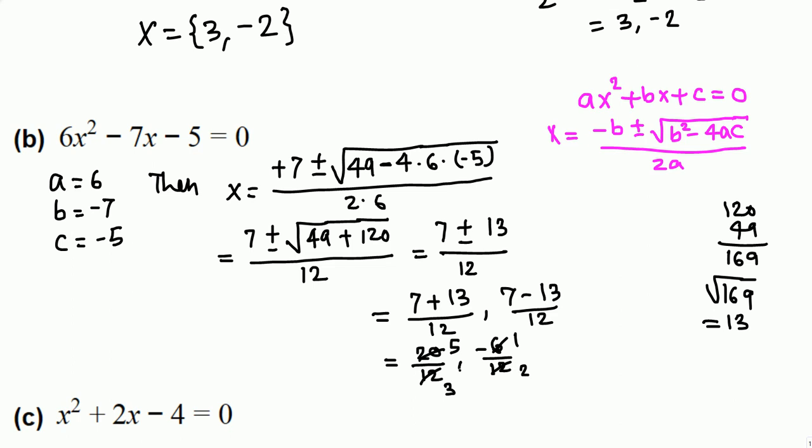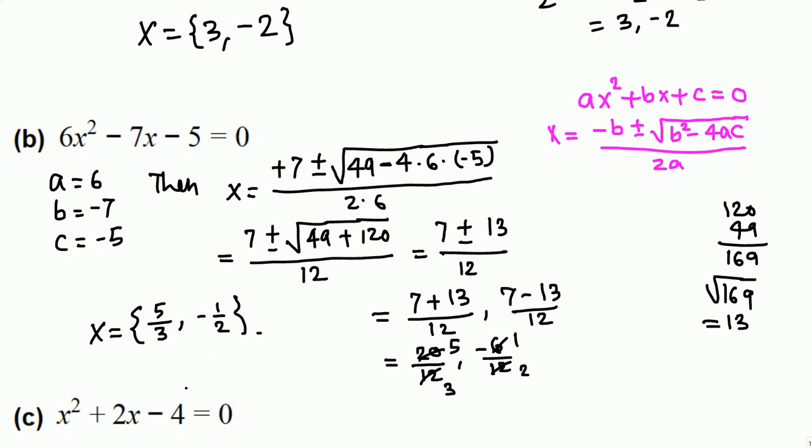So 5 thirds, comma, negative 1 half. So the answers are x equals 5 thirds, and the second answer is negative 1 half. When we plug these numbers into the left hand side, we get 0. So these are the solutions.